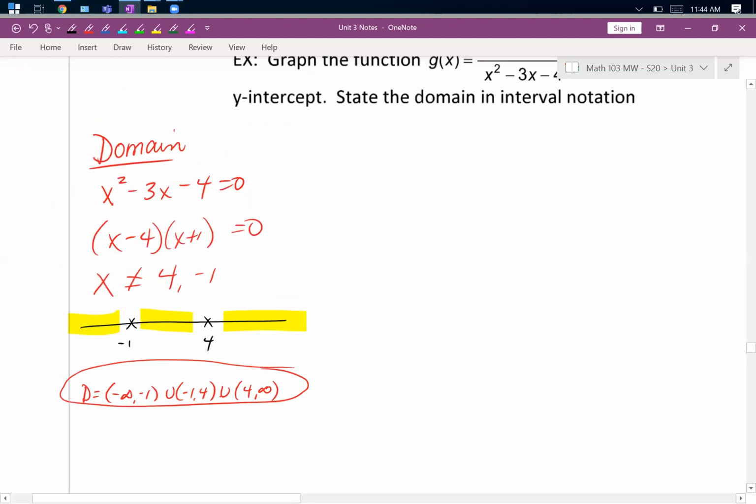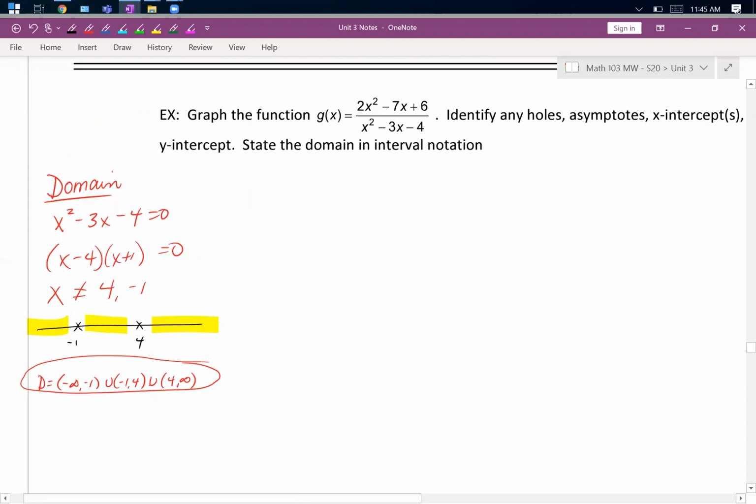All right, moving on to holes and asymptotes. We want to factor our function and see if it can be simplified at all. So our numerator factors into 2x minus 3 times x minus 2, and we already did the denominator: x minus 4 times x plus 1.